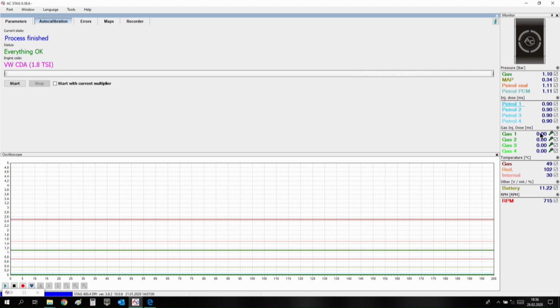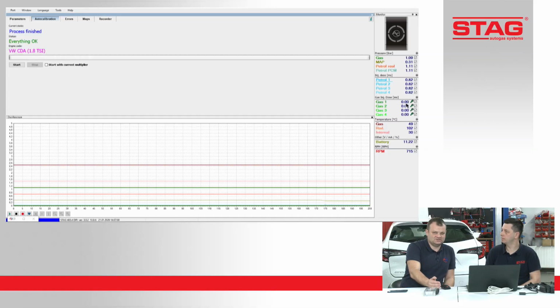It's not possible to have 1 millisecond timing here, because the injector is not opening. The engine is running, and still there is an issue in the system because it shouldn't run properly. The idle should be unstable. But if it's running okay, it means that we mixed the wires.